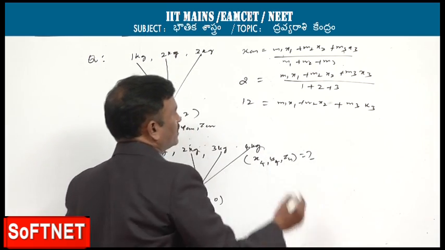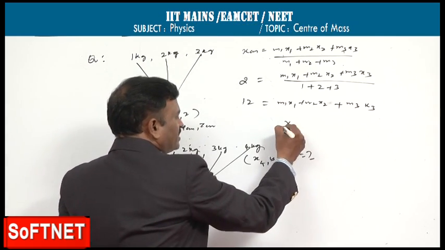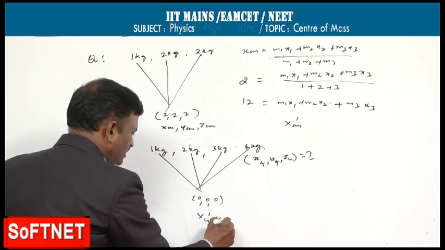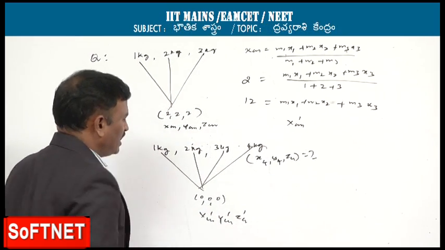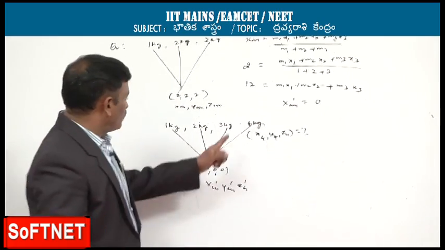Now by using this, the second case is given as XCM dash, YCM dash and ZCM dash. Let us take XCM dash, which is given as 0. What is XCM dash?